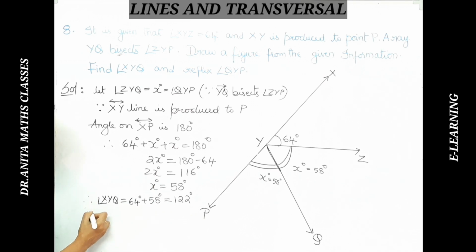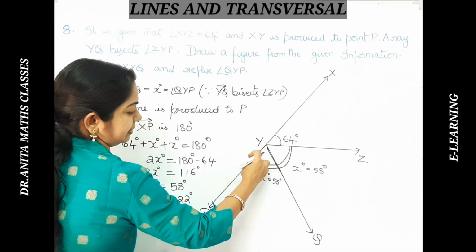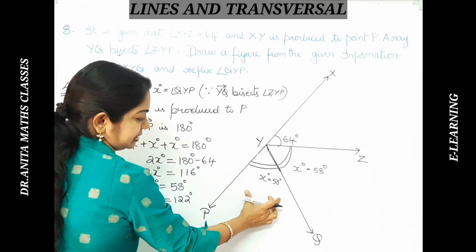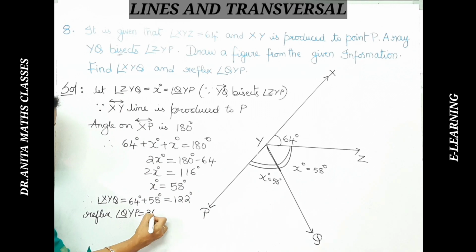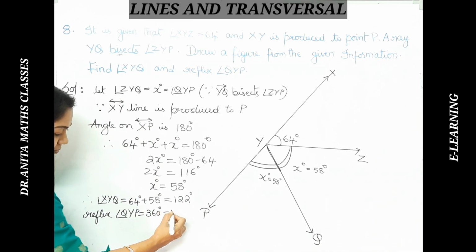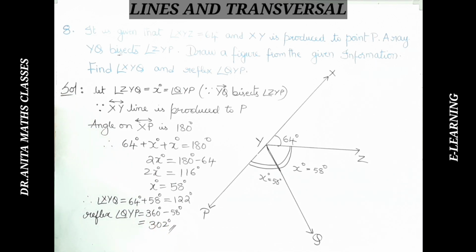So reflex angle QYP equal to this complete part. This angle QYP is 58 we got. So 360 minus 58 comes to just 302 degrees. So these are the two pieces of information we got. Please pause the video and note it down.